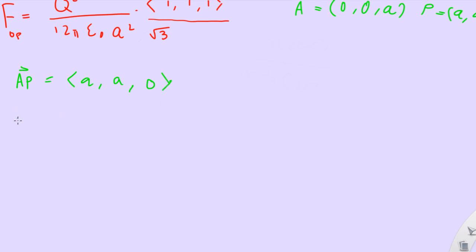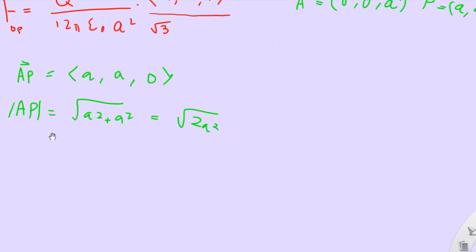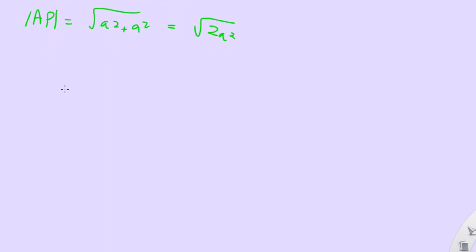Then we find the magnitude again, which would be the same thing we did before. A squared plus A squared. This time it's going to be 2A squared as a magnitude. Now we have that, we just apply the force. Equals, and this is FAP.